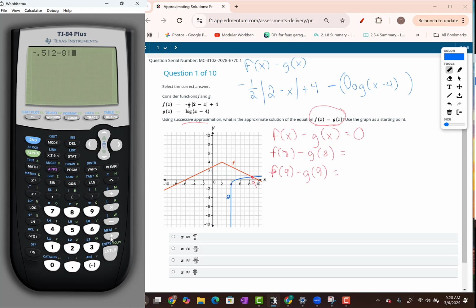Right arrow key to get out of the absolute value symbol, and then plus 4. And then minus, left parenthesis. We're going to hit the log key, which is next to the 7 key. Instead of x minus 4 on the inside, it's 8 minus 4 on the inside. Close the parenthesis twice. Hit enter. There's our lower bound of 0.3979.